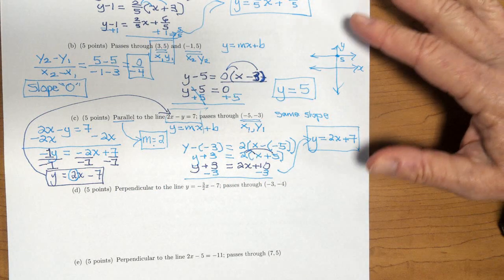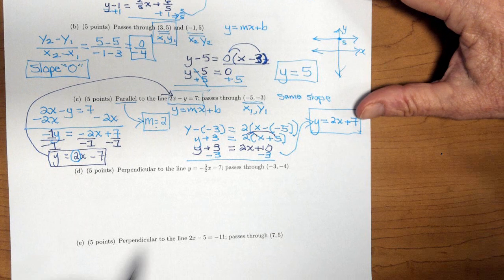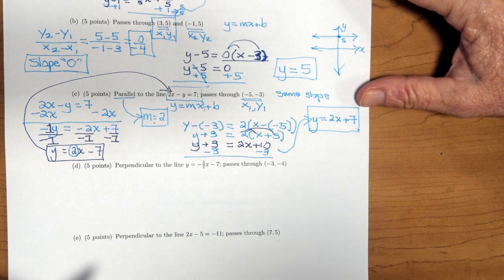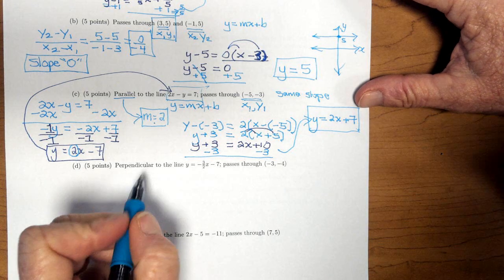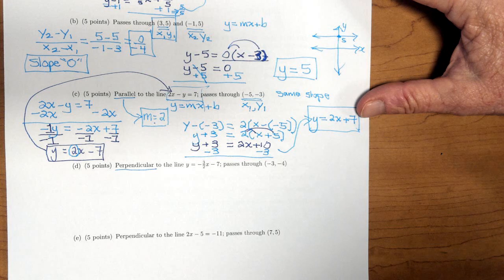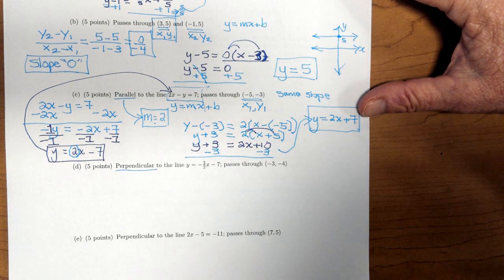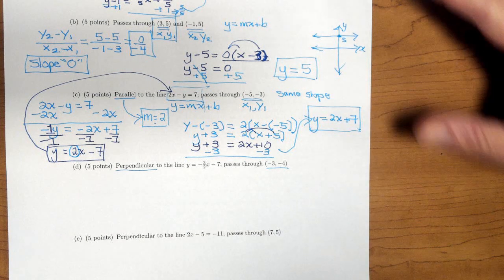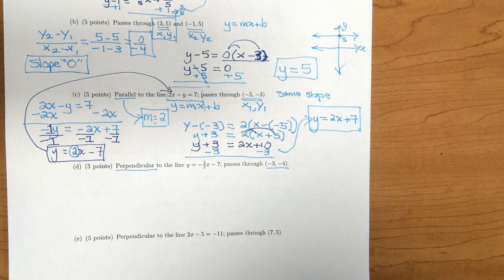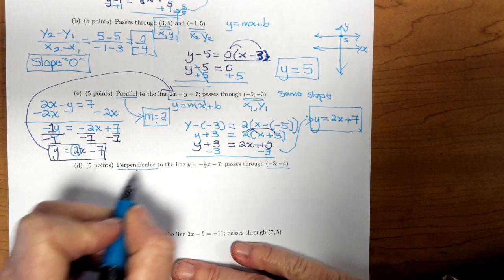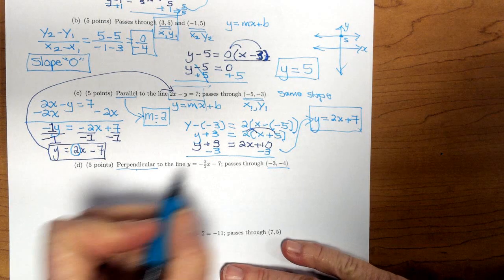So now let's look at D. We're supposed to write a line in slope-intercept form, and we are given that we have a line that's perpendicular. So we need to write an equation showing perpendicular, and it passes through -3, -4. So I need to remember that when I'm talking about a perpendicular line, we're talking about the inverse reciprocal.